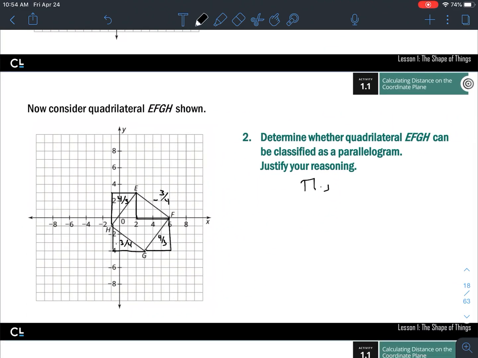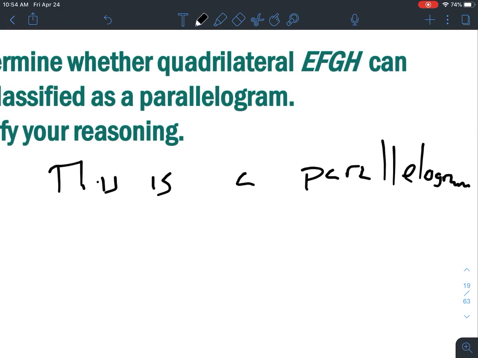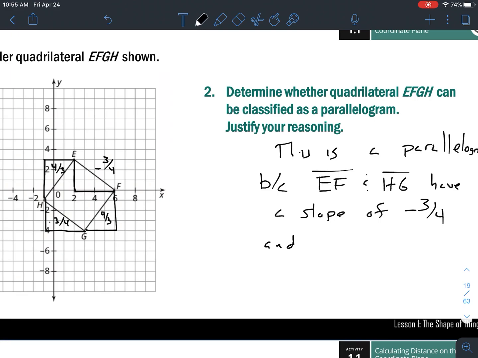just by looking at this, it is a parallelogram because EF, line segment EF, and line segment HG have a slope of -3/4, and HE, line segment HE, and GF have a slope of 4/3.